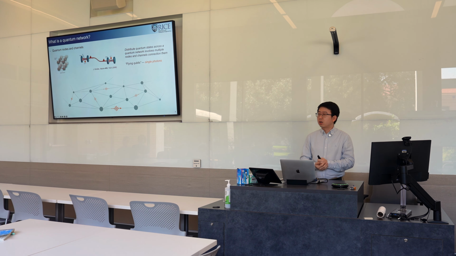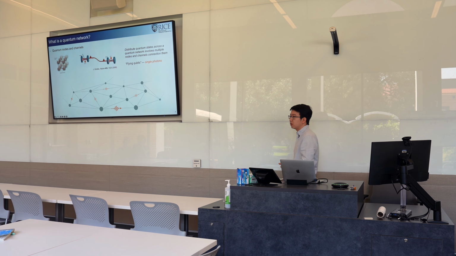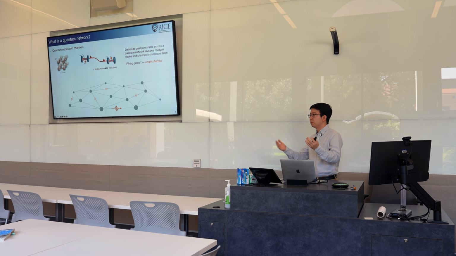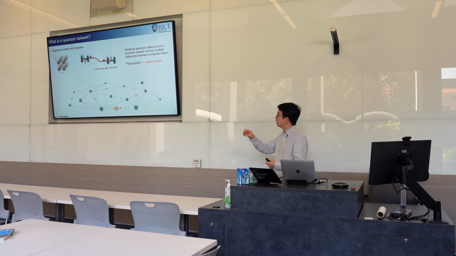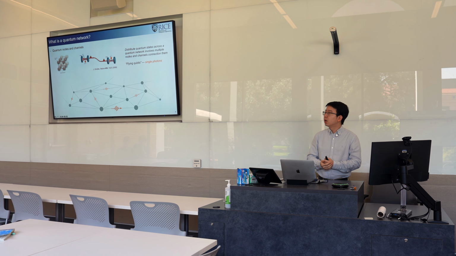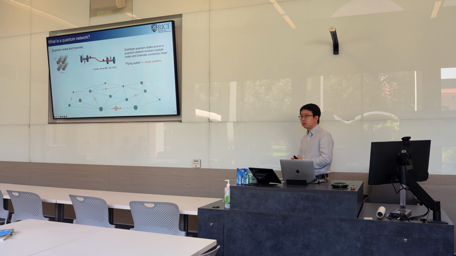Since we are talking about quantum network, what is a quantum network? I assume everyone here is familiar with the classical network, right? Wi-Fi or some 5G network. You have different nodes, and then you have some signal helping you transmit information between the nodes. The quantum version of this is very similar.